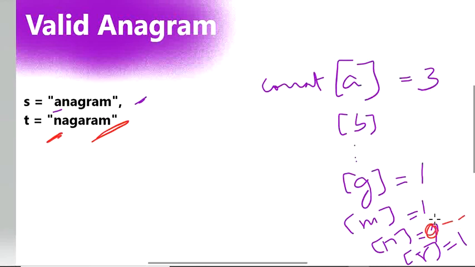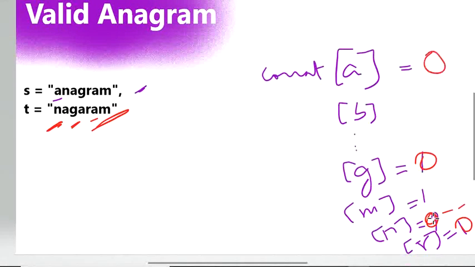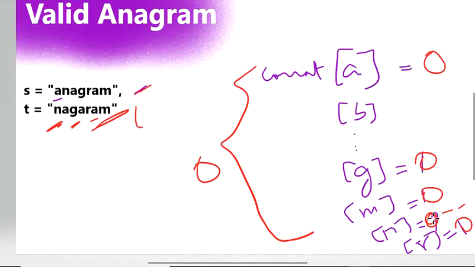Now N becomes 0, and it goes to A and decrements it to 2, and goes to G, it decrements it to 0, and A again becomes 1, and goes to R and becomes 0, and A becomes 0, and M also becomes 0. So now this array is completely filled with zeros, which means the number of characters encountered in string s is the same as the characters present in string t. In this case, we are going to return true.